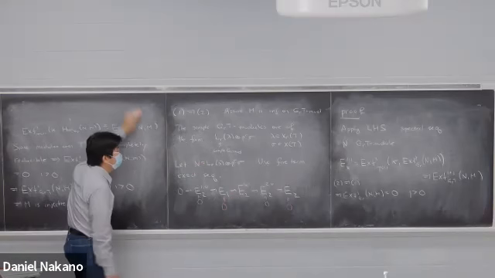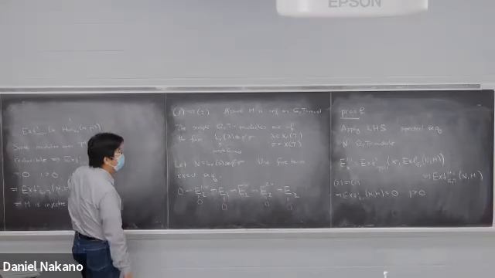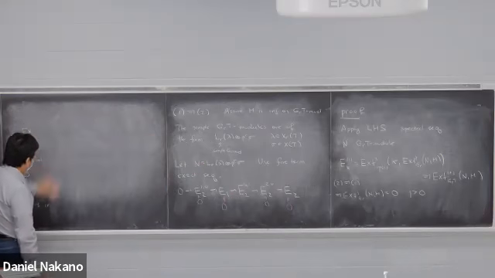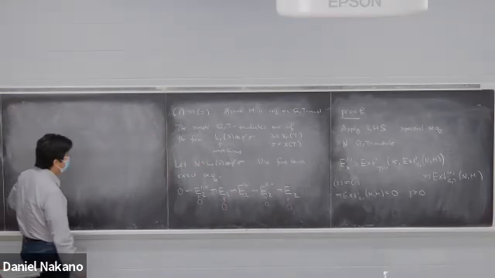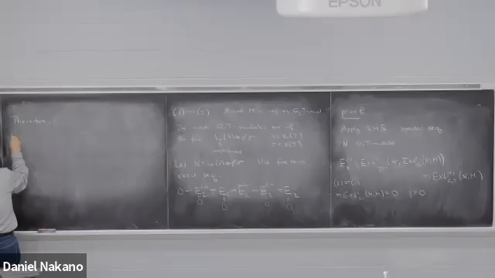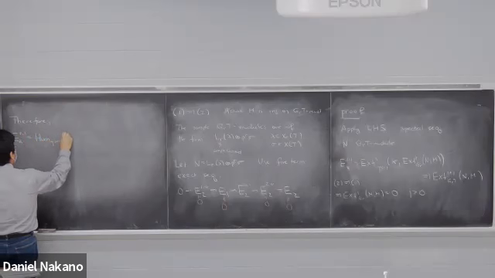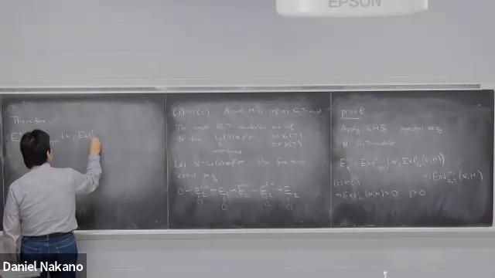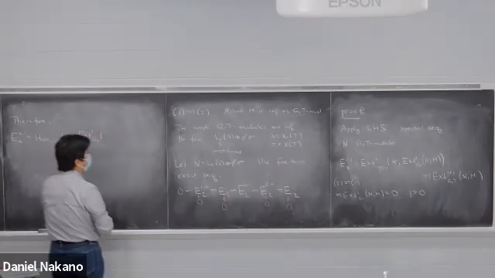So therefore, E2^{0,1} is Hom_T_R of K, Ext^1_GR of, now I'll plug the N in.